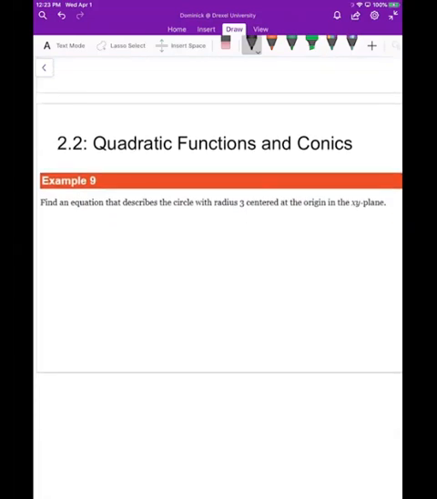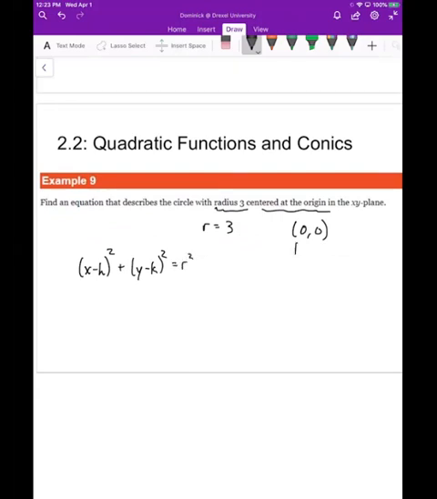So first we wanted to find an equation that describes a circle with radius 3. So radius 3, of course, tells us that r is equal to 3. And it's centered at the origin. Well, where is the origin? It's 0, 0. So now our formula for the equation of a circle is (x minus h) squared plus (y minus k) squared equals r squared.